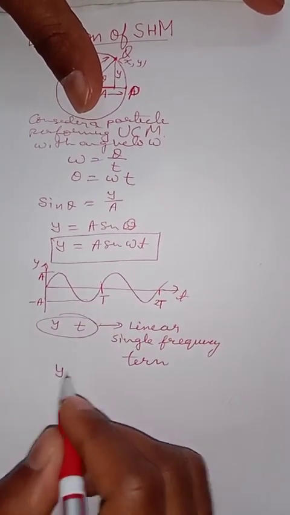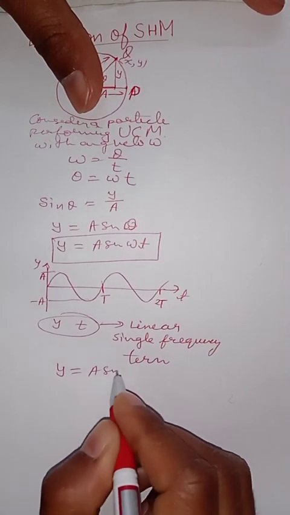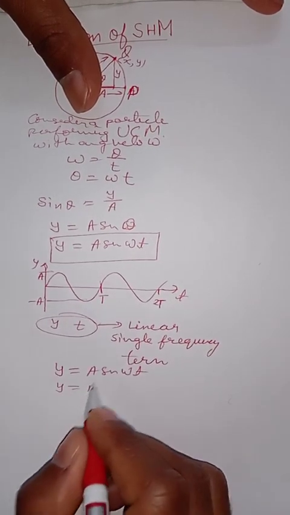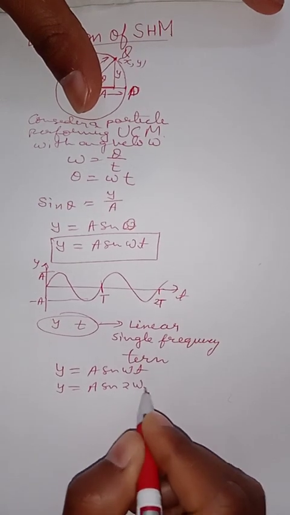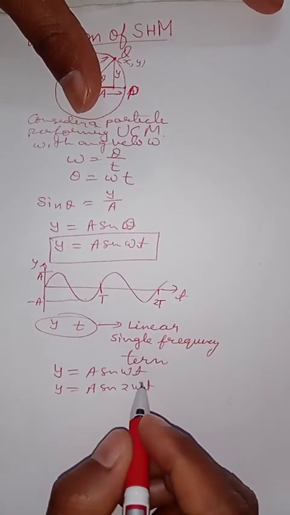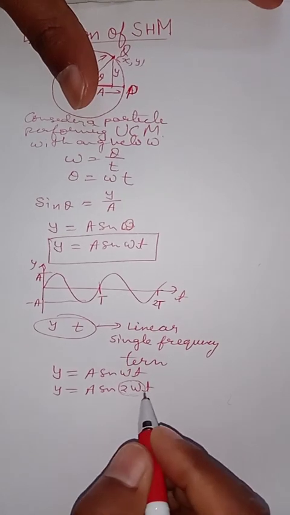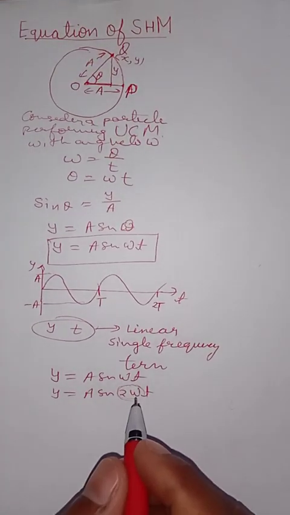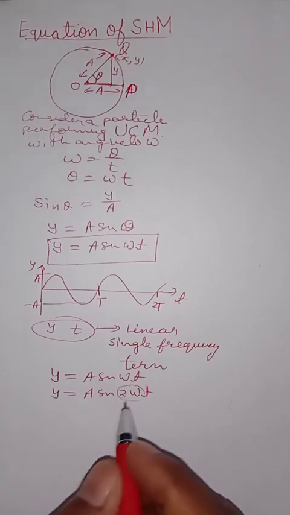Means if I would write a sine omega t, it's correct. If I would write y equal to a sine 2 omega t, it is also correct, because in it there is 2 omega t, but it is a single frequency for this case.